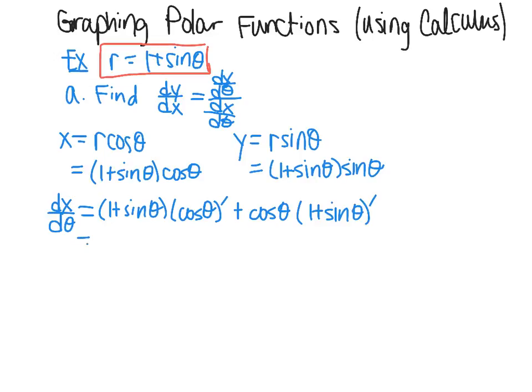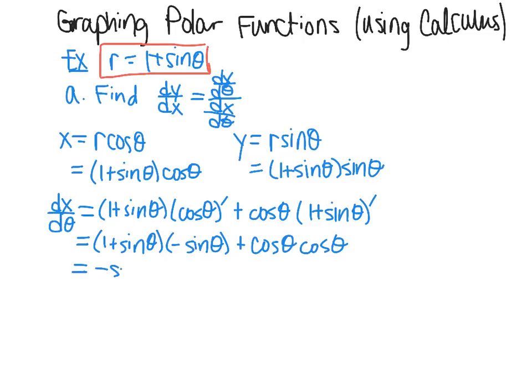The derivative of cosine is negative sine, the derivative of 1 is 0, and the derivative of sine is cosine. So there we go. I'm going to distribute. We get minus sine theta minus sine squared theta plus cosine squared theta.